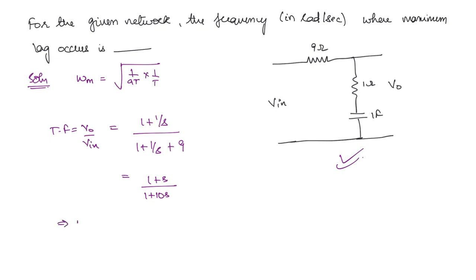So from here you get that T is equal to 1 and a is equal to 10. Okay. So omega m is equal to root over 1 by 10 into 1, which is 1 by root 10 radian per second.